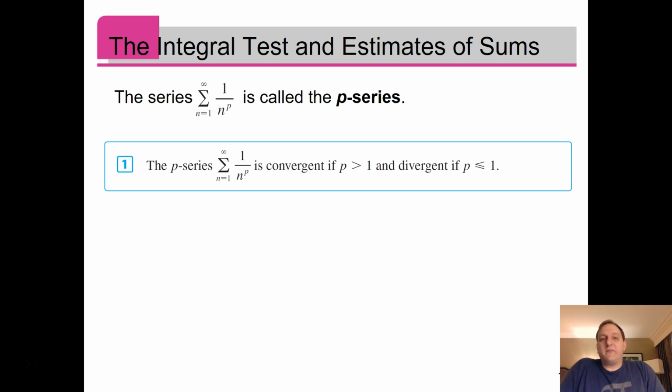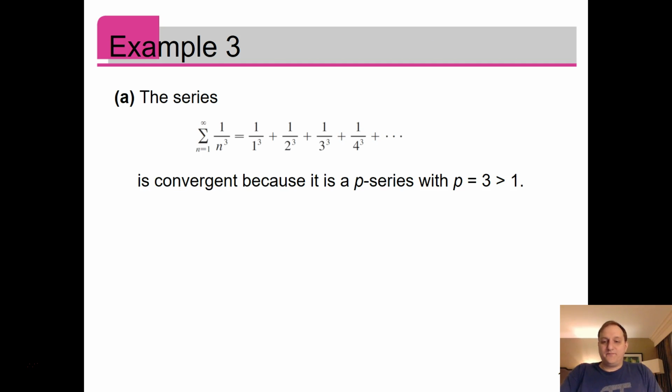So the p-series from n equals 1 to infinity of 1 over n to the p converges if p is greater than 1, and diverges if p is less than or equal to 1. Notice that when p equals 1, that's the harmonic series. So this provides us this really important baseline. We had this question of, okay, the harmonic series diverged, 1 over n squared converged, where is that dividing line? It turns out p equals 1 is the dividing line.